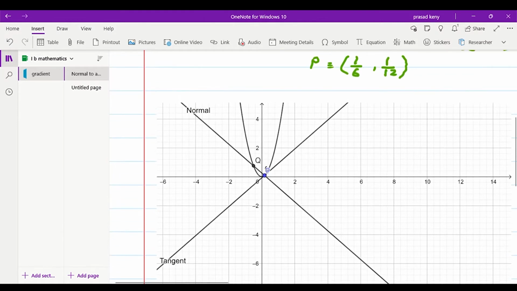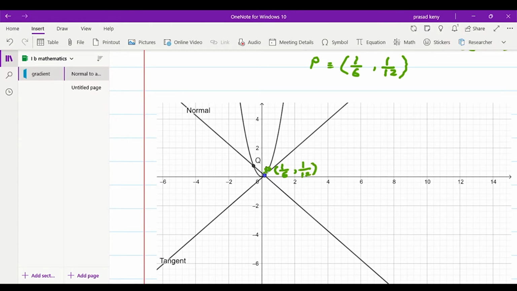As you can see here, this is point P, whose coordinates are 1 upon 6 and 1 upon 12.